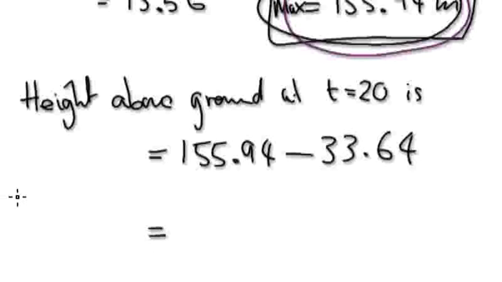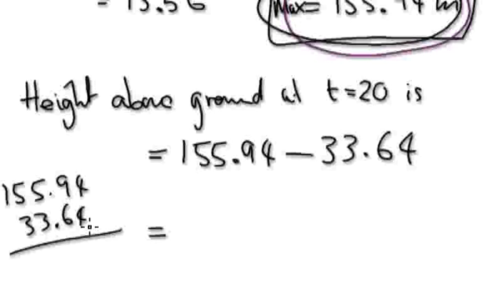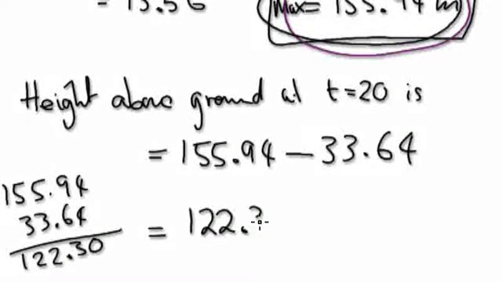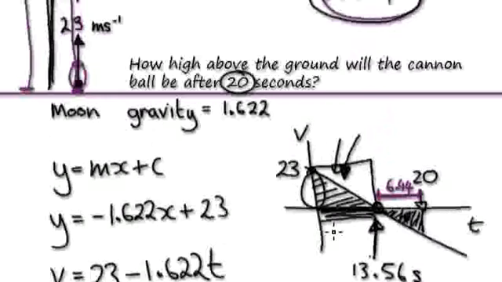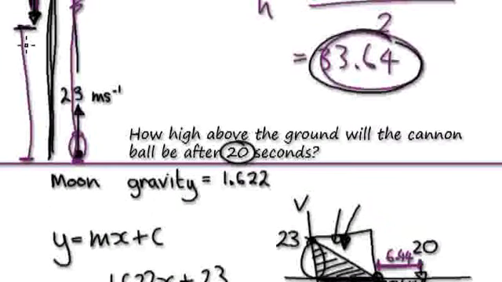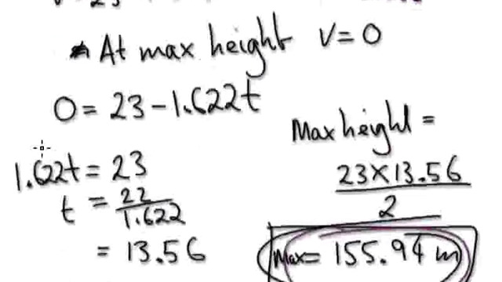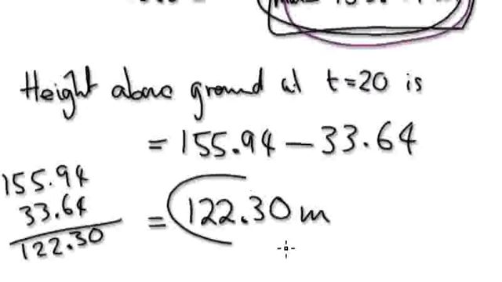So 155.94 take away 33.64 is 122.30 meters. So this height here is whatever this is here.